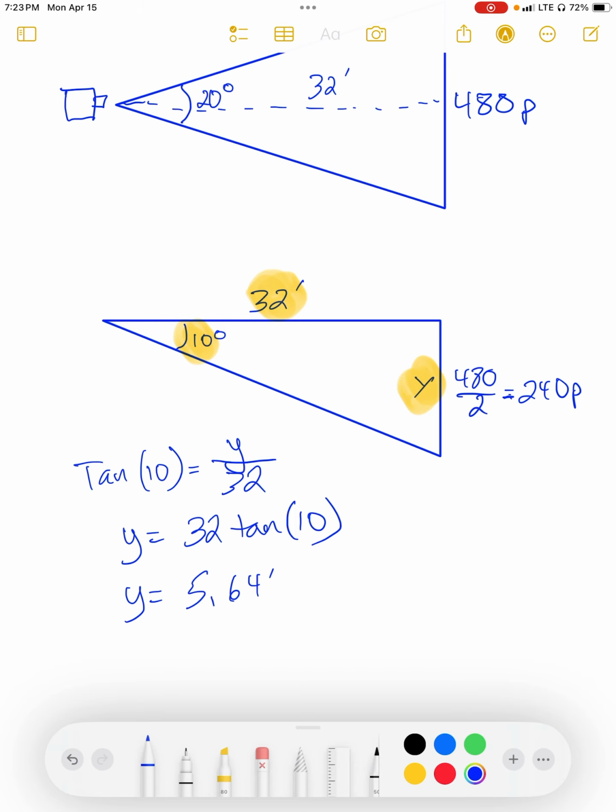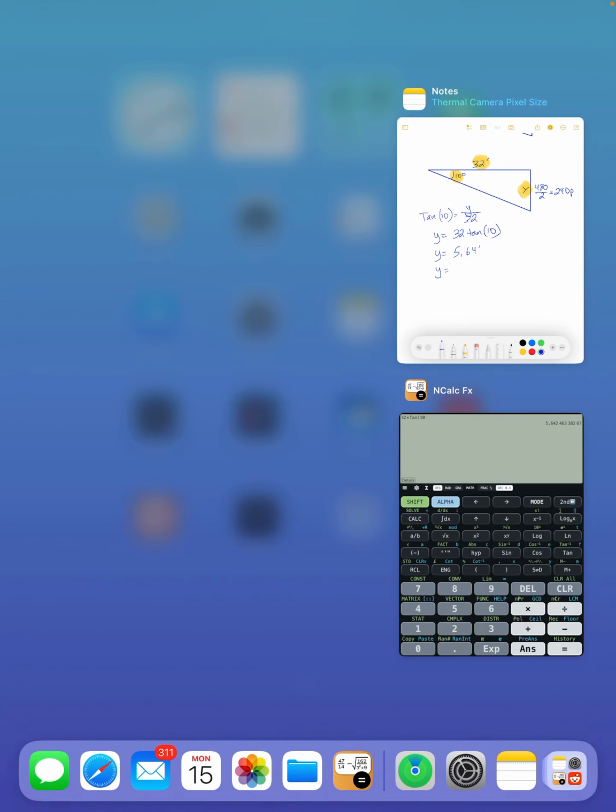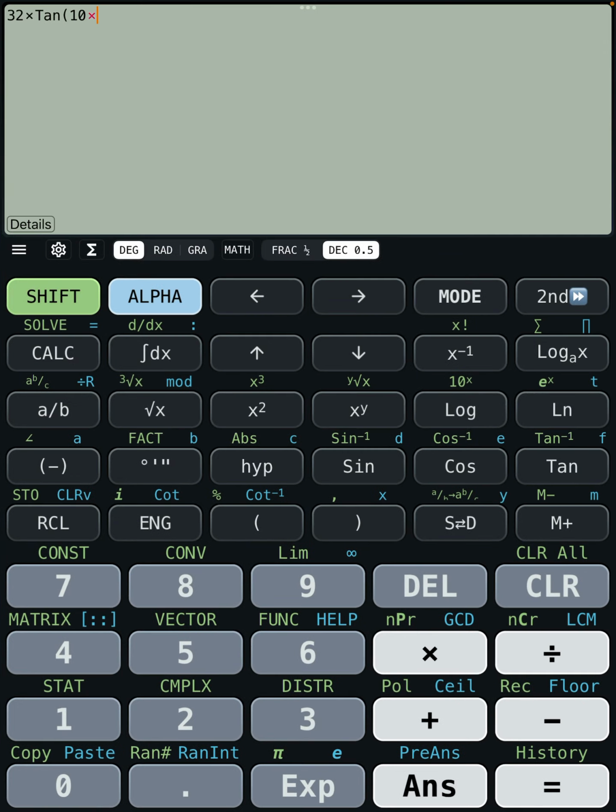Okay. And again, we probably want to get that in inches, which is going to be the easiest in this case. So if we multiply that by 12, y equals 5.64 times 12 to give us inches.